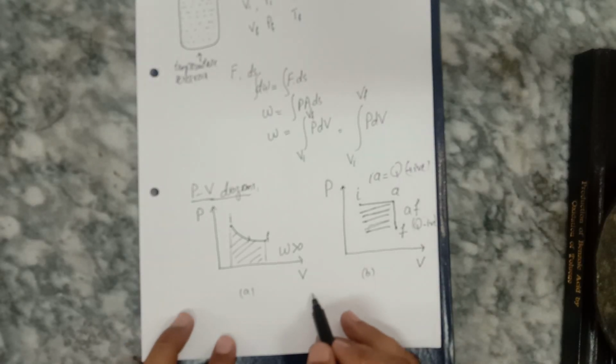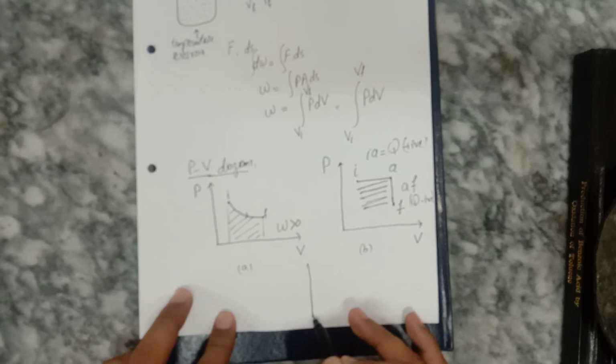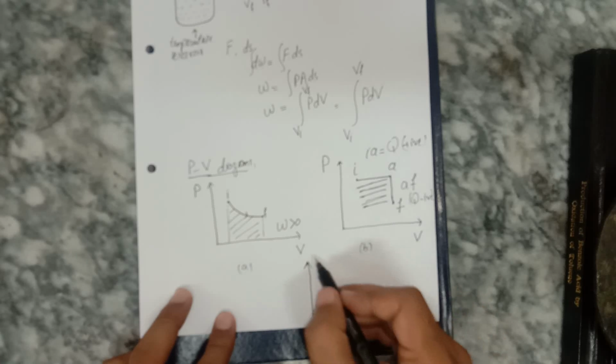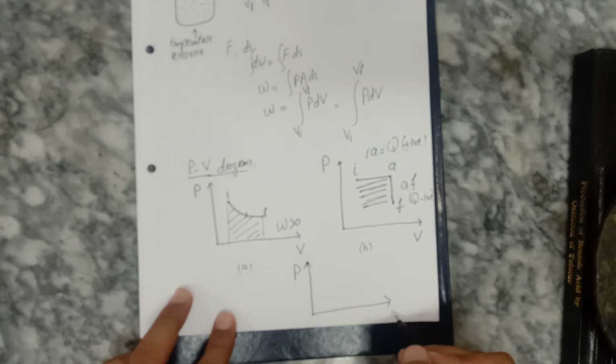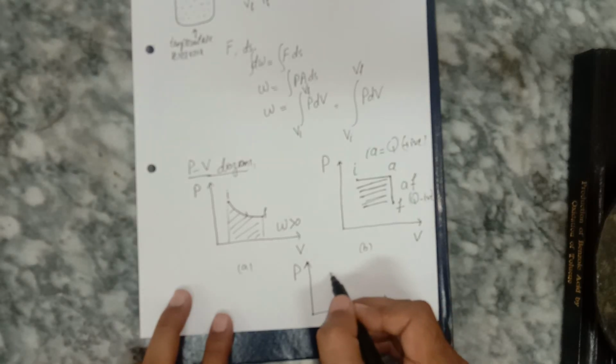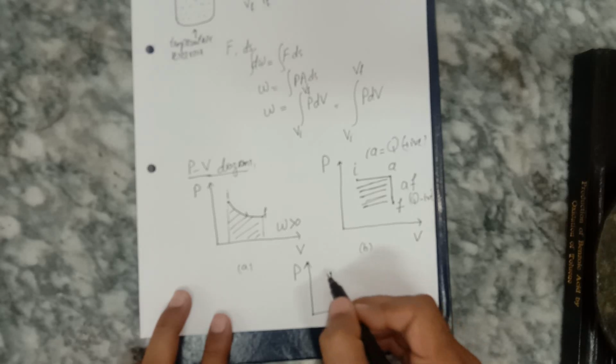Now let's talk about another figure, another PV diagram. This is pressure, this is volume. Suppose initially the system is at constant volume.